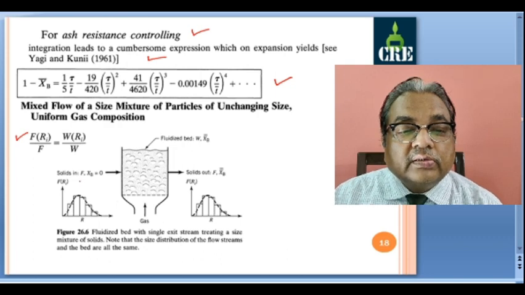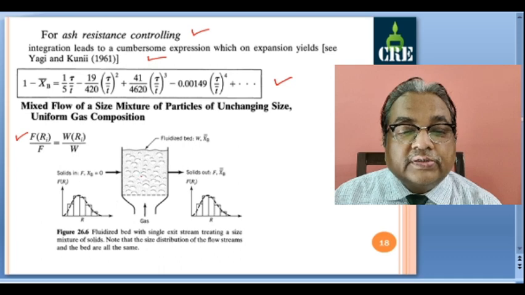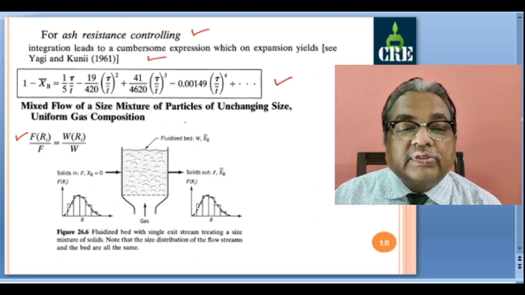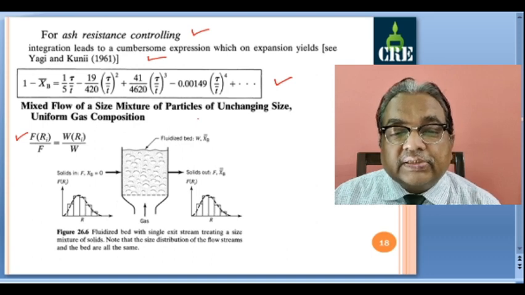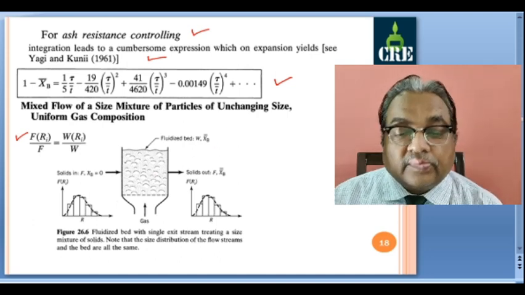So the feed rate is F for the solids in a fluidized bed, and here uniform gas composition. And what is the change? Now we are using a mixture of particles of unchanging size. So we have different fractions of different radius of the particles.